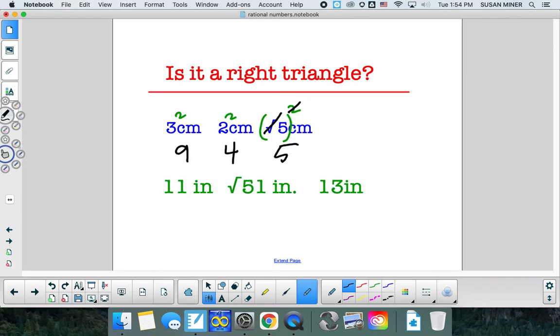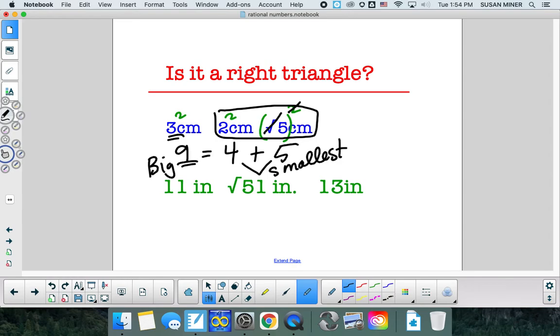So now I want to find my two shortest sides. 4 and 5 are my two smallest areas, and I want to see if they add up to my biggest area. And so they're not going to necessarily be in order, right? These two smaller ones were on the end this time, and this was my biggest. And so I wanted to make sure that my two smallest areas add up to the big.